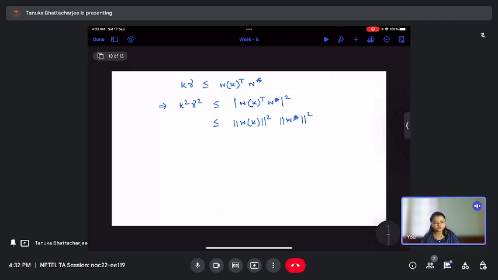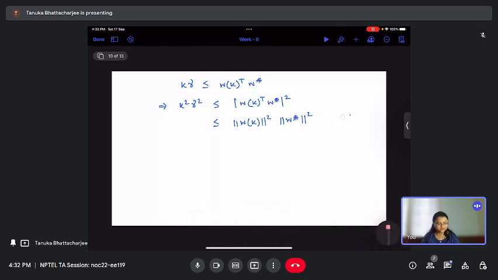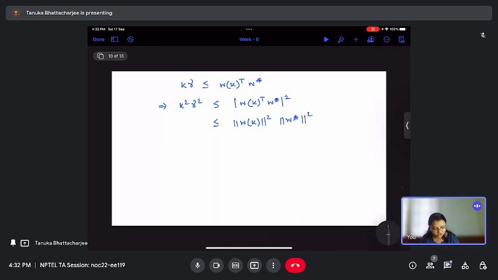This is according to the Cauchy-Schwarz inequality or CS inequality, the well known inequality in linear algebra, that we are applying to get that the mod square will be less than or equal to the product of the individual norm squares.